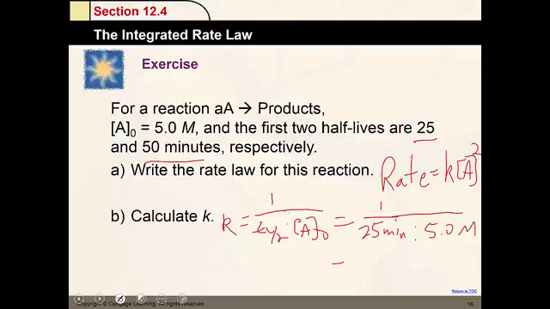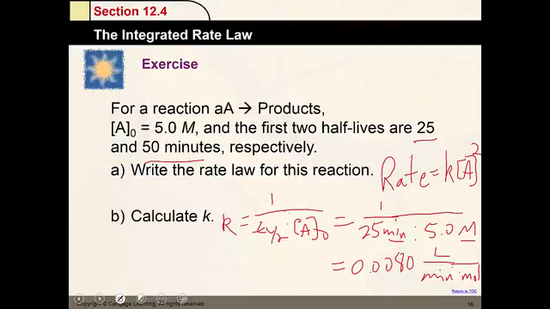So that means here, once we do all that, we get a final rate constant k of 0.008, and since these are both in the denominator, we have to invert them. So that means our final units of k are liters over minutes times moles.